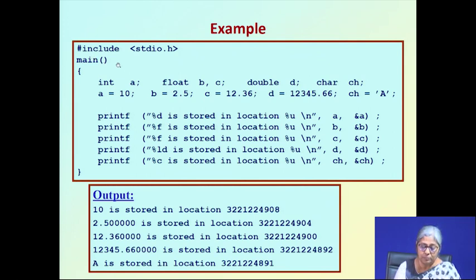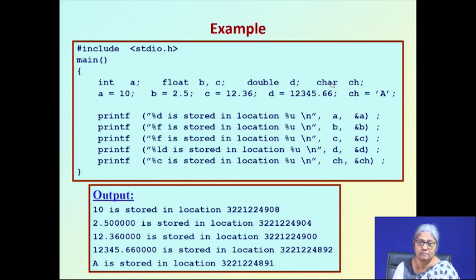In a main program we define int a, float b, c, double d, char ch. That means a is of integer type, b and c are two different variables of float type, d is a double type and ch is a character type.